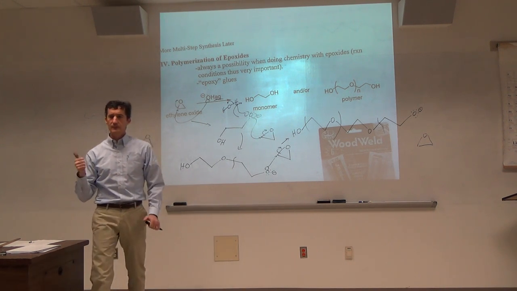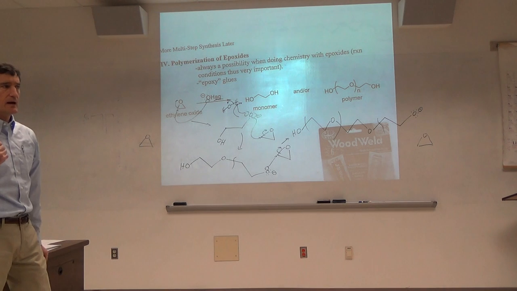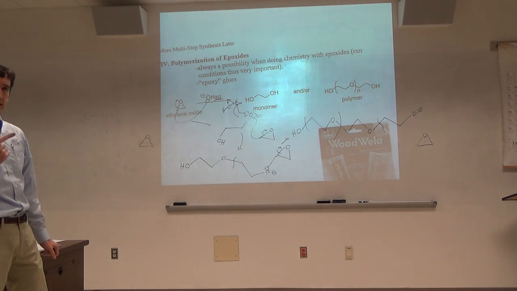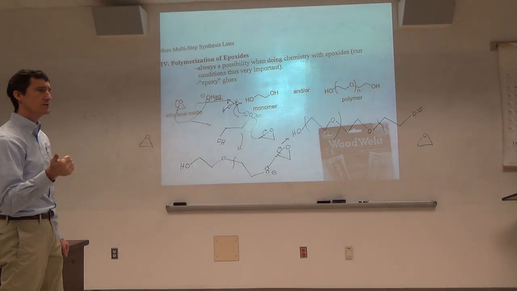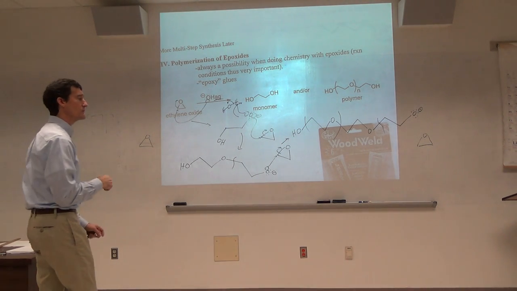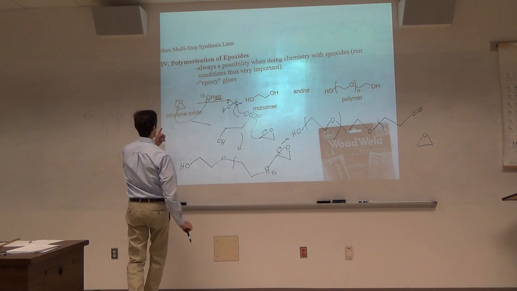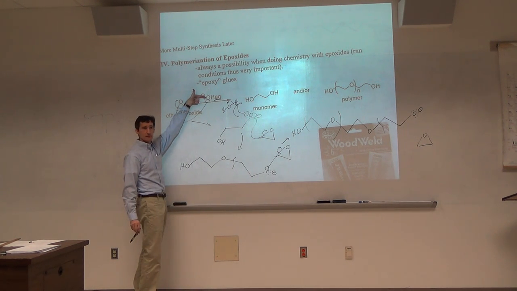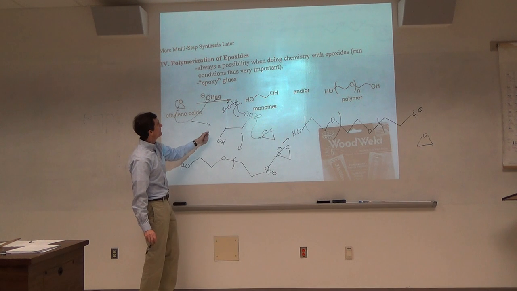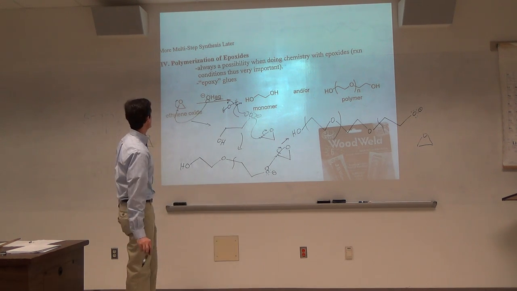There are three types of polymerizations: cationic, anionic, and radical, based on what initiates the polymerization. What initiated this polymerization? An anion, a cation, or a radical? Anion. This is an anionic polymerization.